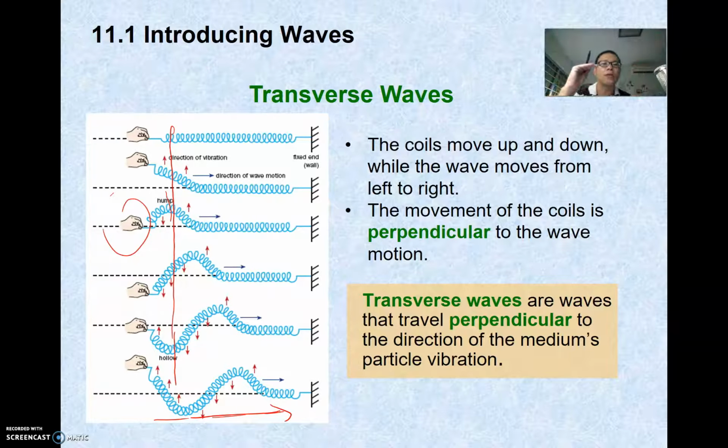This is what we call a perpendicular motion, whereby the particles move perpendicular to the direction of wave motion. This will be a classic example of what we know as transverse waves.